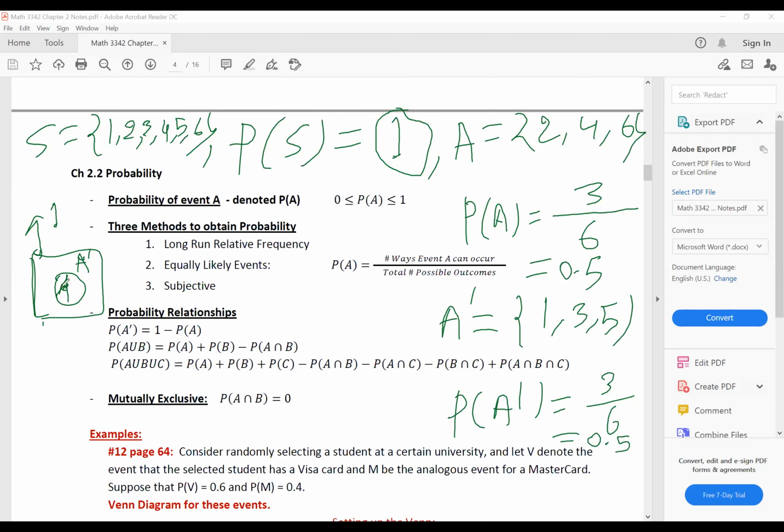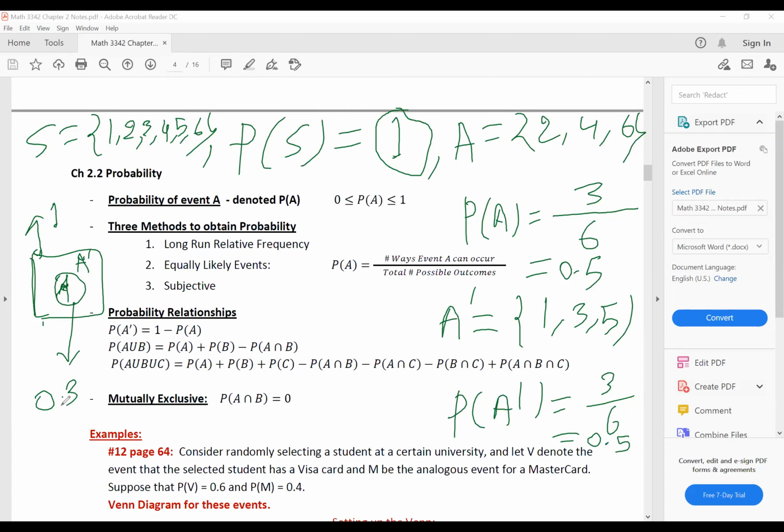So if the area of A is 0.3, for example, then what will be the area of A prime? 1 minus 0.3, right? Because the total is 1. So the area for the A complement will be 1 minus 0.3, right? Is it clear?